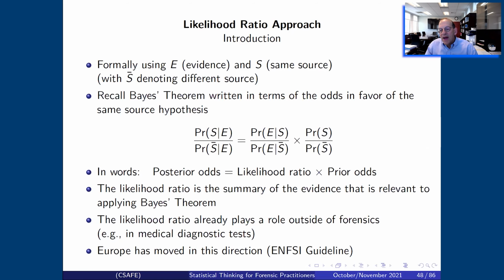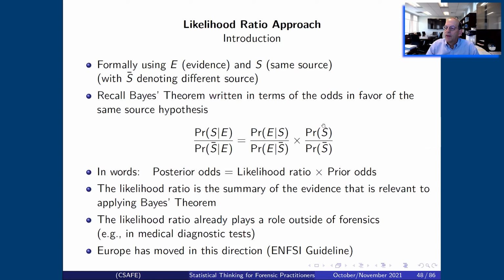And there's a mathematical result that we saw 3 weeks ago called Bayes' theorem. And Bayes' theorem can be written in the way that you see here. We talked about this 3 weeks ago, but it's really important to review and go over again. The way that this particular formula is interpreted is you can think about it as having three ratios. A ratio is one number divided by another.